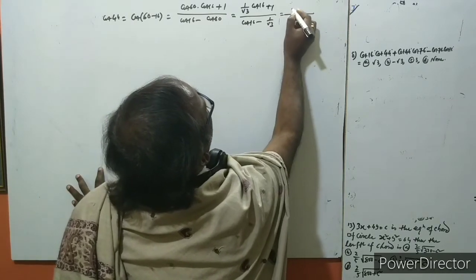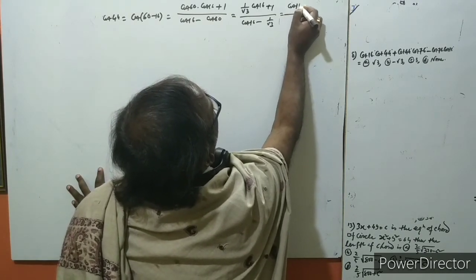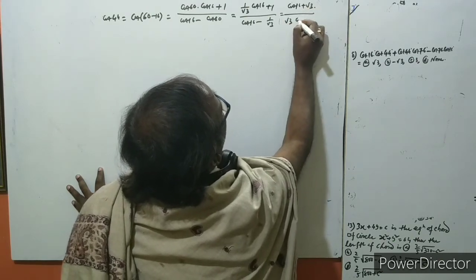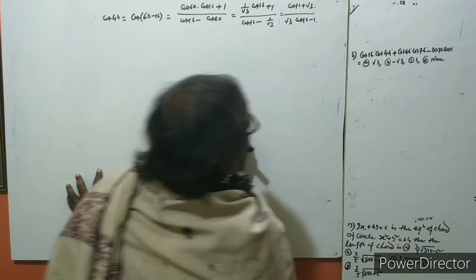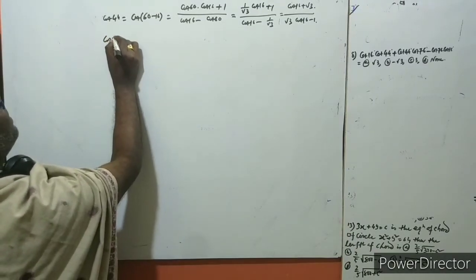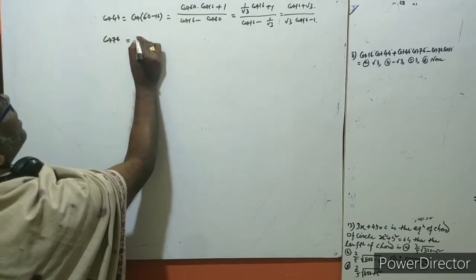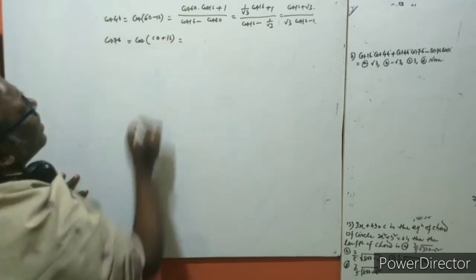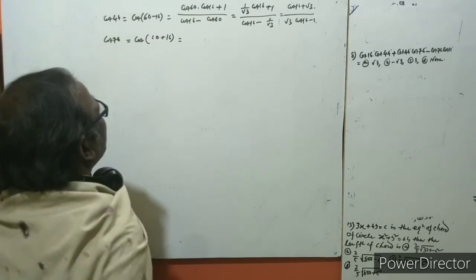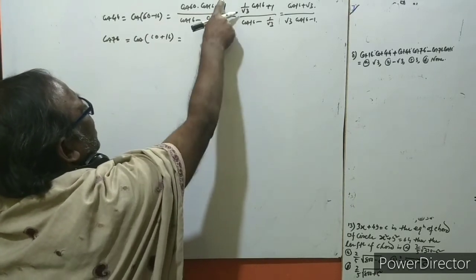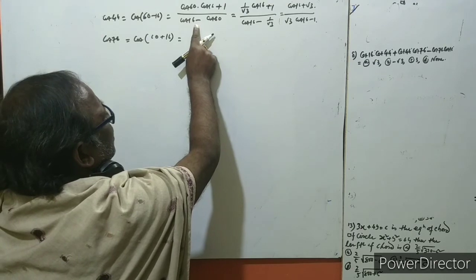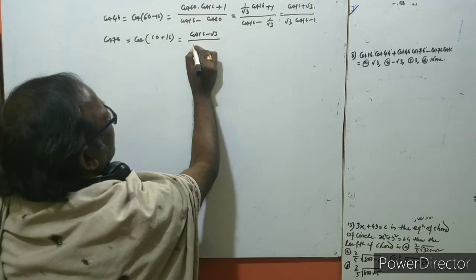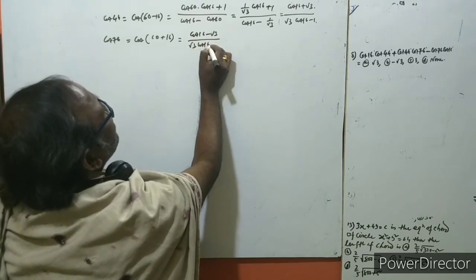Okay, take an LCM, then you get here cot 16 plus root 3 over root 3 cot 16 minus 1, and again cot 76 can be written as cot of 60 plus 16, and the same as we get the formula here with plus. So the same figure, just cot 16 minus root 3 over root 3 cot 16 plus 1.